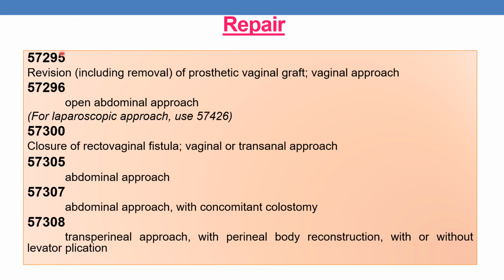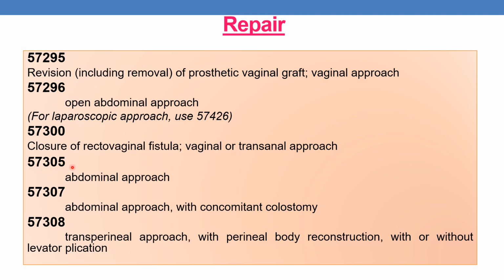The next CPT is 57295. Revision including removal of prosthetic vaginal graft, vaginal approach. Next is 57296. Revision including removal of prosthetic vaginal graft, open abdominal approach. And for laparoscopic approach, you need to use 57426. The next is 57300. Closure of rectovaginal fistula, vaginal or transanal approach.